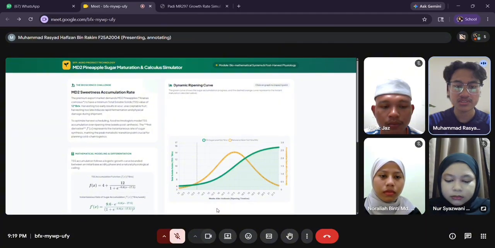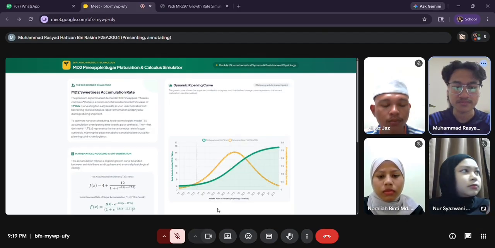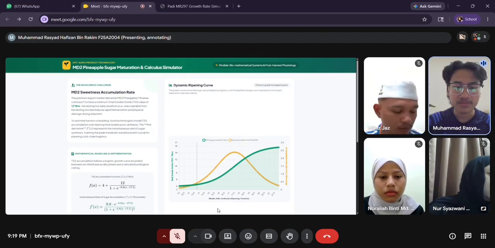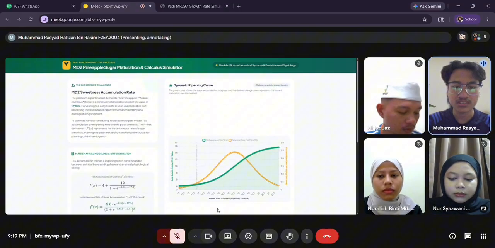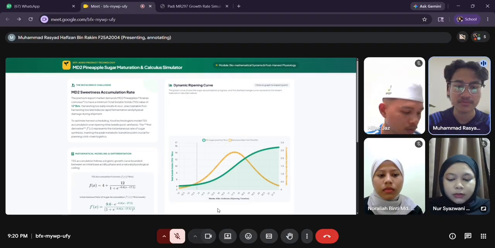Let's take a look at why studying this bioscience problem is important. Firstly, understanding bioscience problems helps us recognize how biological systems function and how human activities can affect them. Secondly, research on bioscience issues contributes to scientific knowledge and can help researchers develop better solutions for environmental, agricultural, food, and health related challenges.